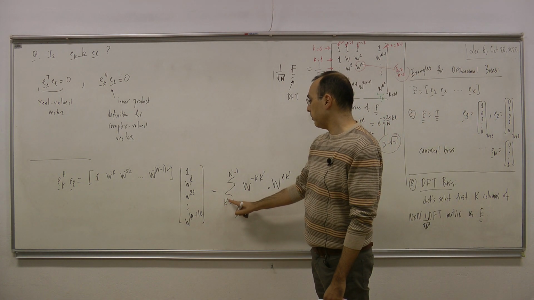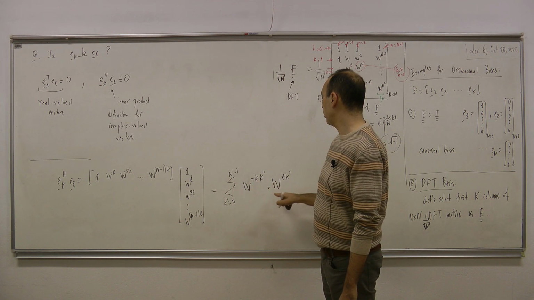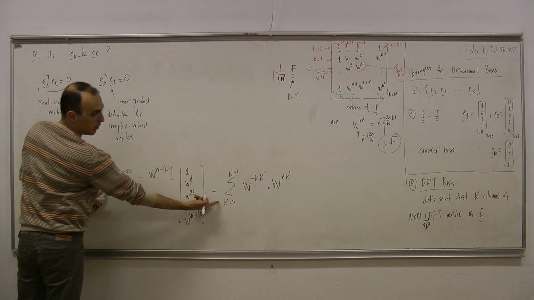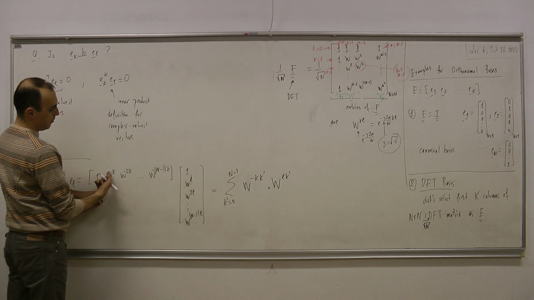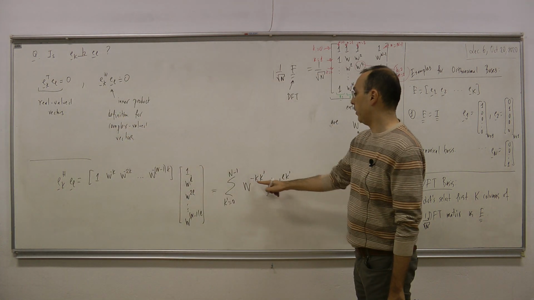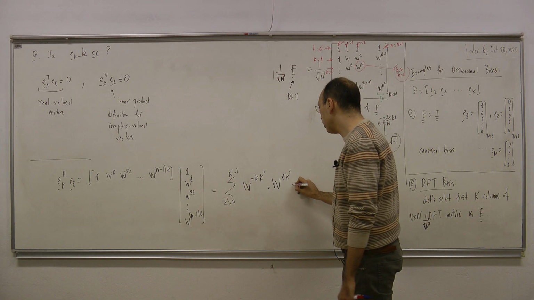When k prime is equal to 0 in the summation, this becomes power 0 times power 0, so I multiply 1 by 1. When k prime is equal to 1, I get minus k and l. So it seems okay. So what do I get over here?